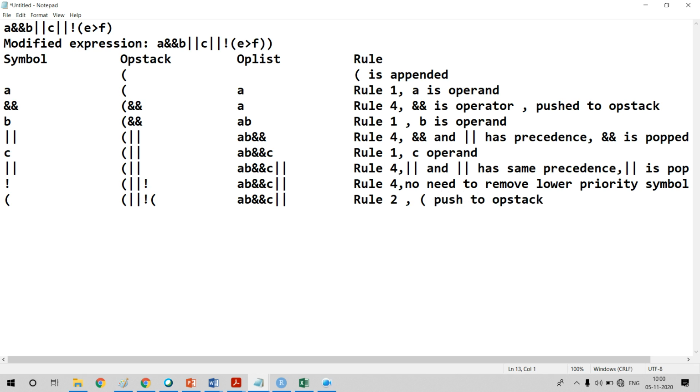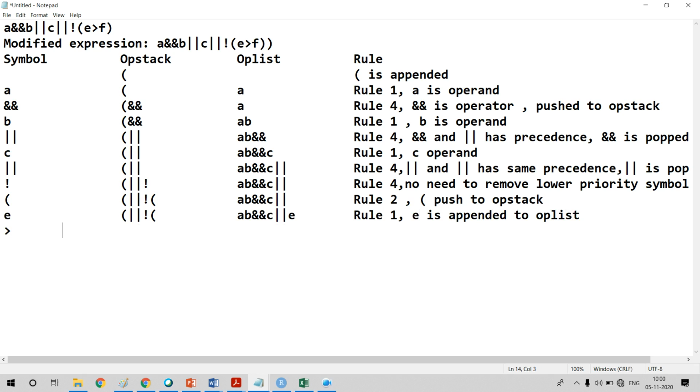The next symbol is E. E is an operand, so that is added at the end of the expression as per rule number 1. E is appended to the OP list.